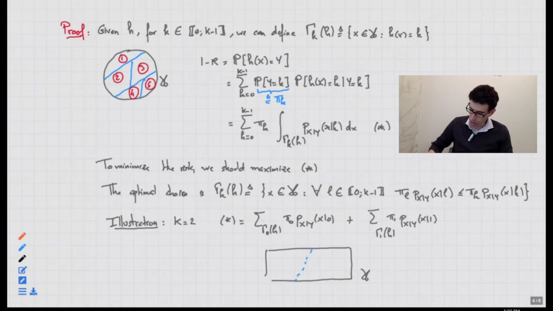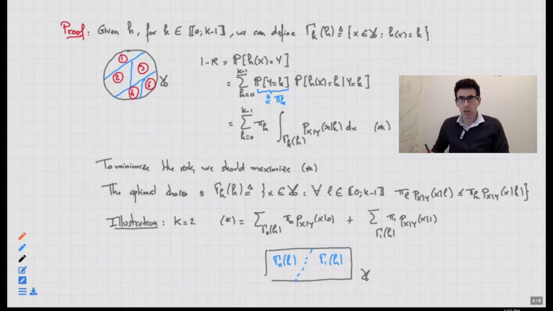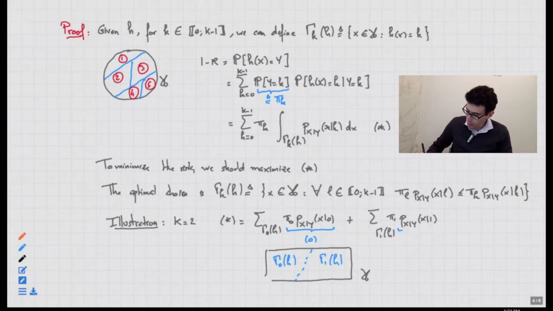There's one region that we call gamma 0 of H, and one region that we call gamma 1 of H. Now, once you fix the regions, every region contributes to the risk by bringing a cost associated to a specific point, which is given by this quantity here, which I call 0, if you belong to region 0, and given by that quantity there, if you are in region 1.